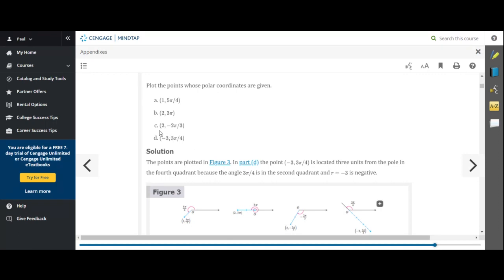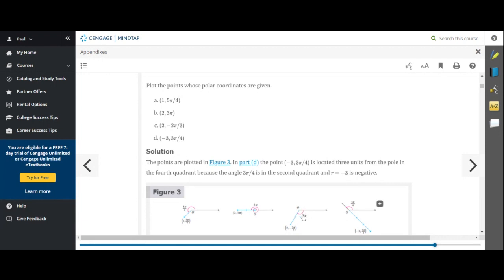For C, you have the polar coordinate 2, -2 pi over 3. Well, okay, pi over 3 is 60 degrees, so -2 pi over 3 would be -120 degrees. So for this part C here, in the third picture in figure 3, from the positive x-axis, you go clockwise, right?